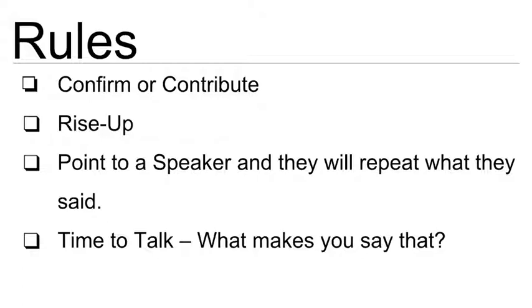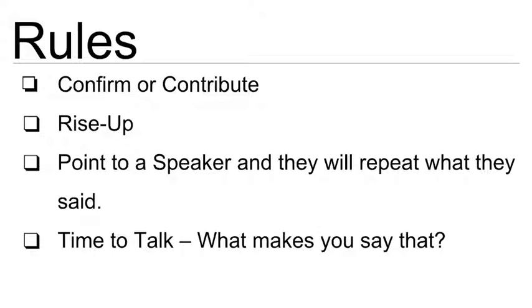You could have a rule rise up, where the reporter has to stand when they say the answer. In this way, all students, especially in a large class, hear the response from each group. When students are learning English as a new language, I always like to have a rule called point and repeat. Point and repeat means that I can point to a student who has given a response, and that student will repeat what they said.